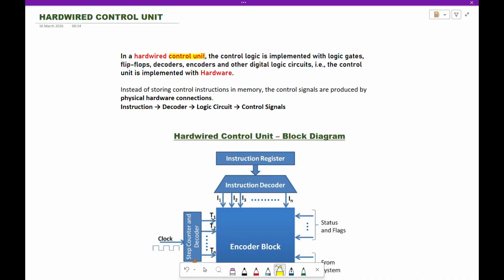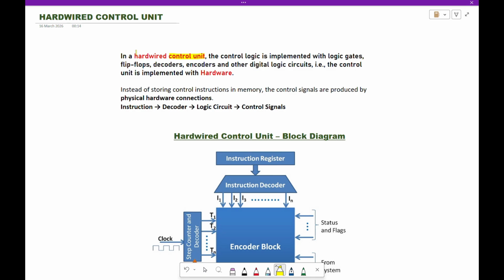Whenever the CPU executes an instruction, the control unit generates control signals that tell different components like ALU, register, and memory what operation to perform. So it acts as a brain of processor and is a very important part of computer system.